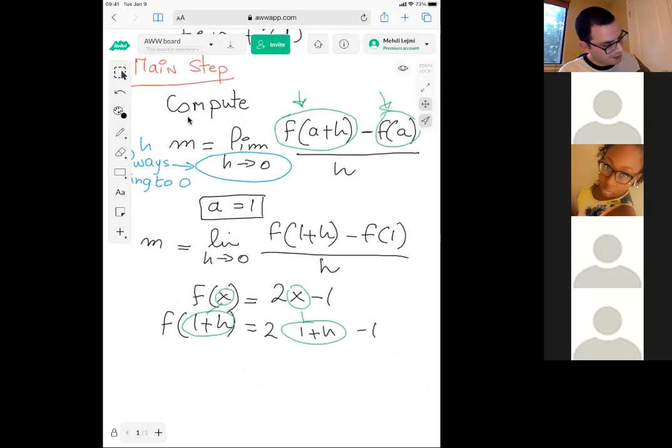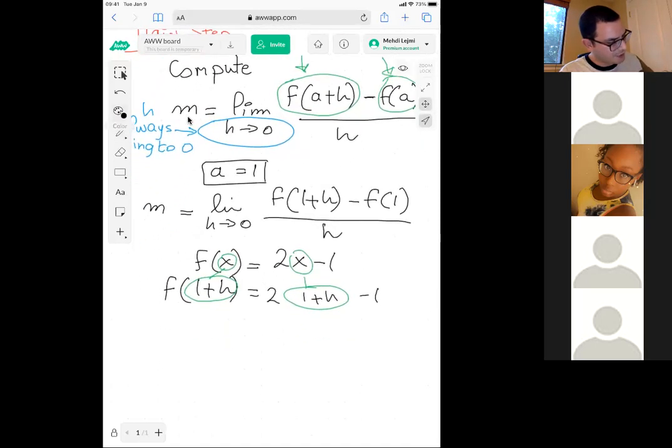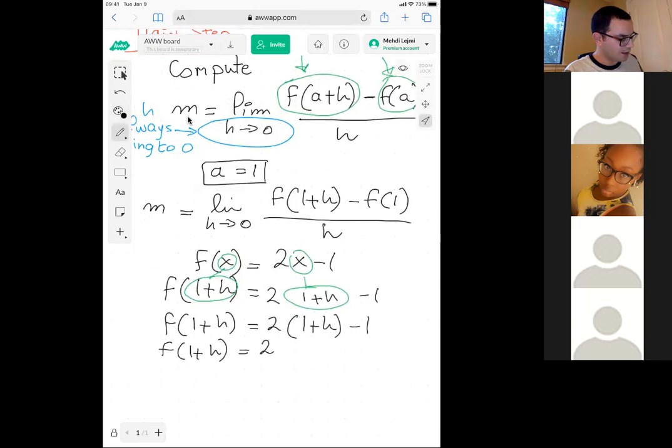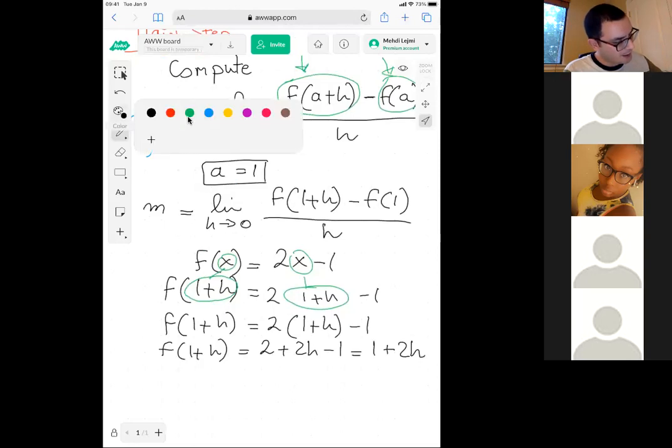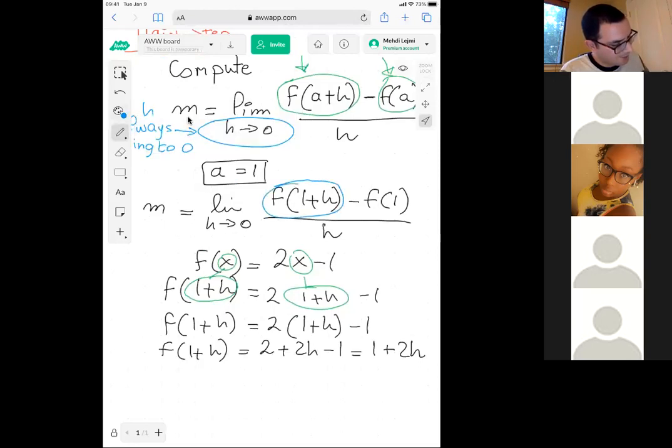So f of 1 plus h is 2 times 1, that's 2, plus 2h, and then subtract 1. So that's 2 minus 1, which is 1, plus 2h. I got my first term, f of 1 plus h, which is 1 plus 2h.